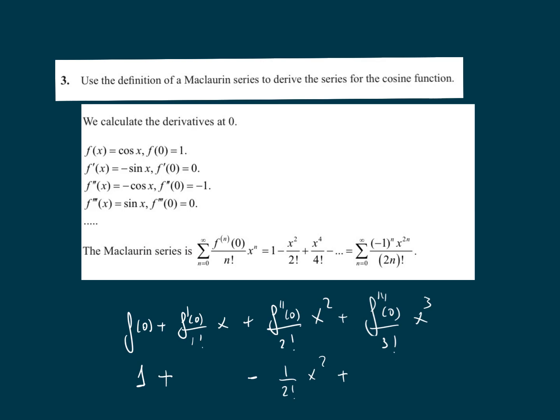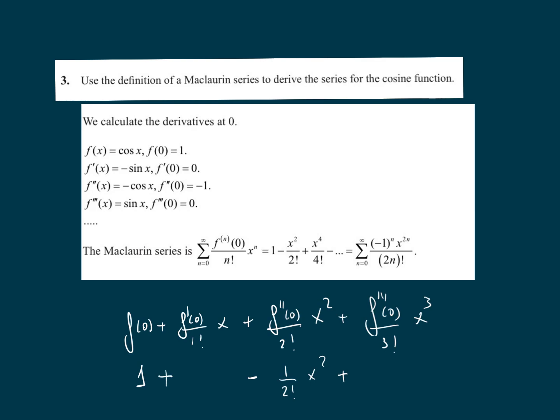It is the function evaluated at x equals 0. What is cosine of 0? It is 1. What is f prime of x? Minus sine of x. What is f prime evaluated at x equals 0? Minus sine of 0, and sine of 0 is 0, so it is 0. So the numbers that you will find are 1, 0, minus 1, 0.